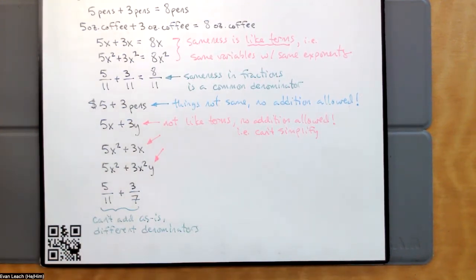But if we convert the fractions to the same denominator, if we convert our dollars to euro or our euro to dollars, then we can add the things. We can make them the same.